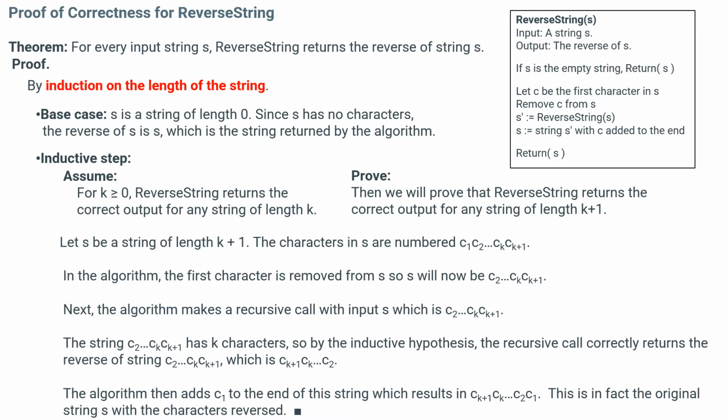And then we saw how once we took that string of length k and added that new character in, we could examine those actual characters and see that that is really the reverse of what was put in. So that would be what we would need to prove. We've assumed it works for a string of length k, and we've shown that it works for a string of length k plus 1. Since we did that and we also showed it for the base case, then by induction we can say that we have proved that this algorithm does what it says it's supposed to do.